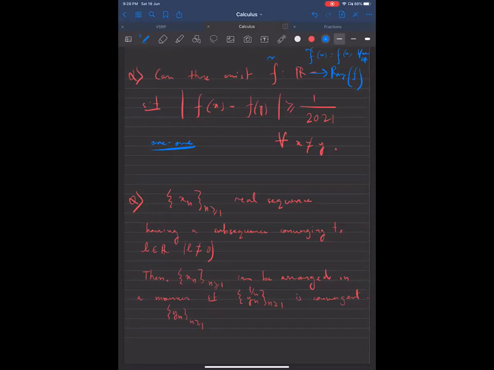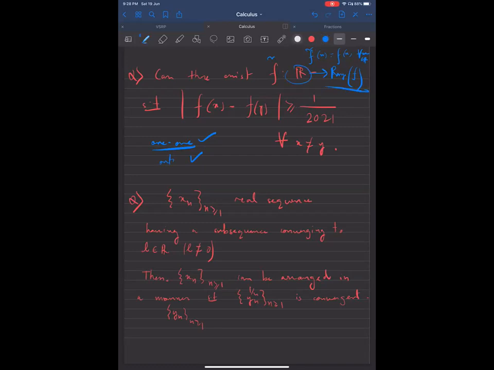But exactly, this is not greater than or equal to 1 by 2021. So the function is 1-1. And now we have restricted it to its range, so the function is onto. So this f tilde function is a bijection from R to the range of f.